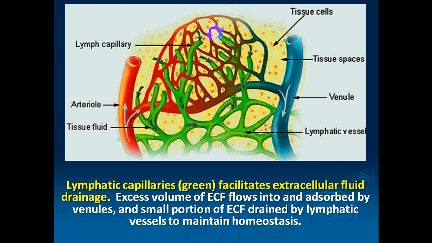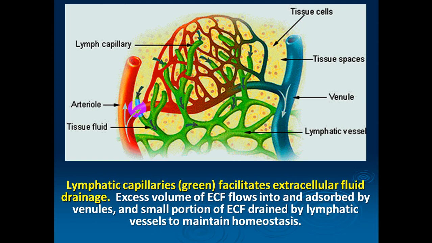About 90 or 95% of fluids in the extracellular area, the exchange, are regulated by the anastomosis between capillaries and venules. However, a small portion, about 5 to 10% of fluid, is actually absorbed by the lymphatic capillaries.